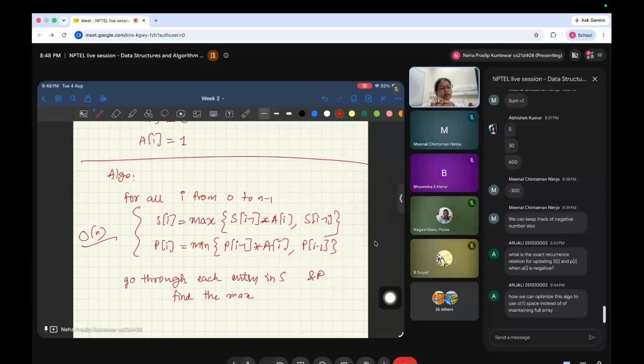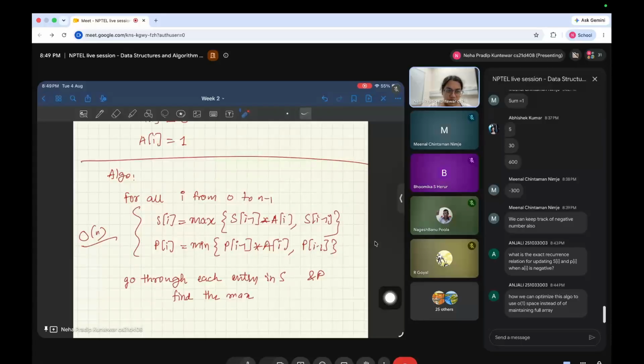Yes, you can definitely optimize this algorithm in terms of space as well. You don't need to store this as an array. You just keep a max counter, and every time you see a new product which is larger than your previous product, you update it. So you can get rid of both the arrays and do this in order one space.